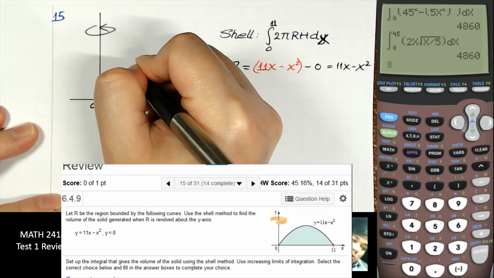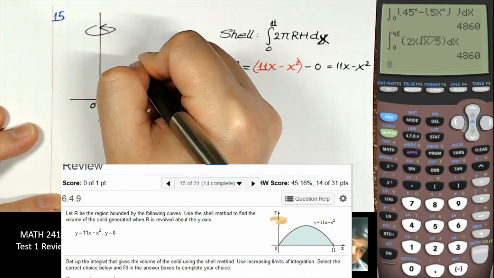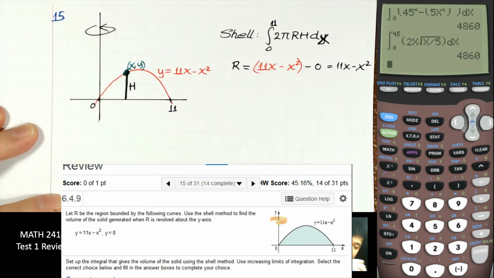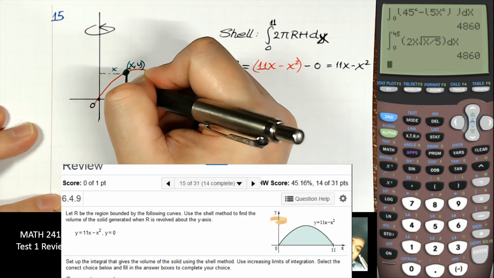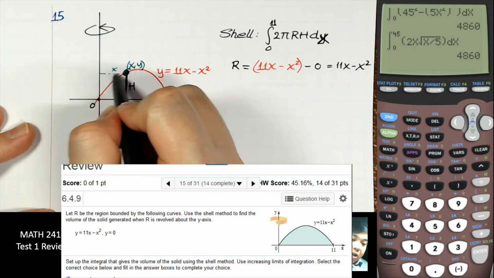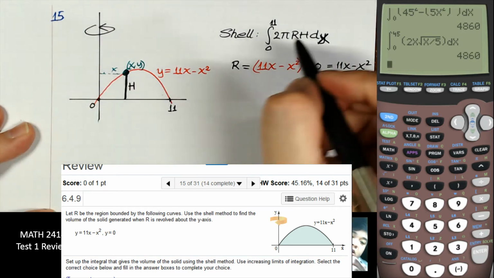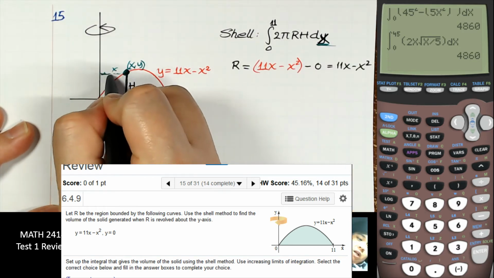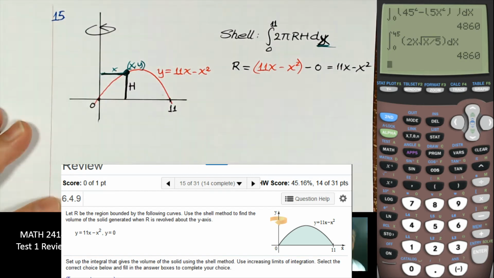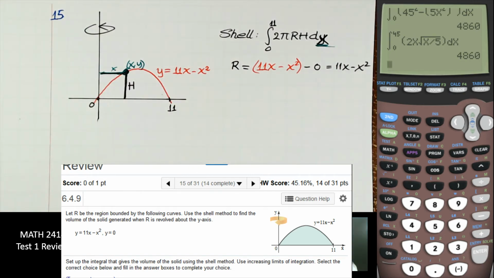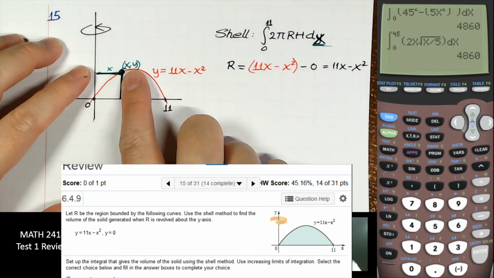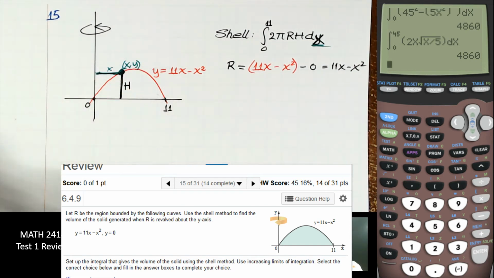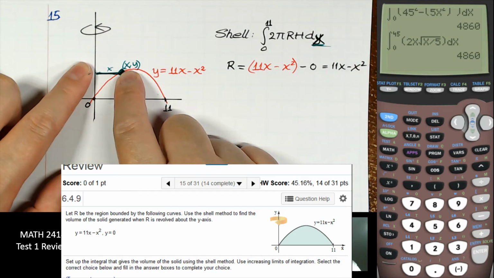Let's try this point then. We have the x coordinate and then the y coordinate. The x coordinate is the distance to the y-axis. Since we want the x, we're going to use x. Now we rotate about the y-axis. Once we draw the x, what's next to determine is the distance from that point to the axis of rotation.